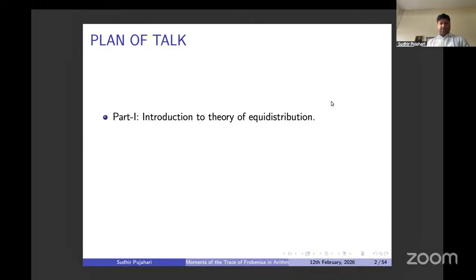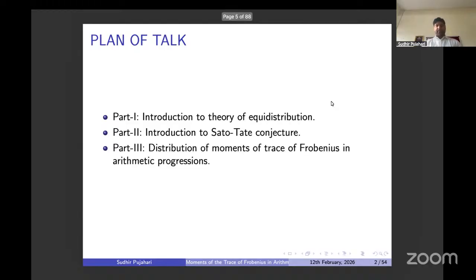In the second part of the talk, I will introduce the Sato-Tate conjecture, a brief introduction to the Sato-Tate conjecture and recent developments. And finally, we'll see the distribution of moments of the trace of Frobenius in arithmetic progressions. In particular, we'll see a Sato-Tate law for the trace of Frobenius in arithmetic progressions.